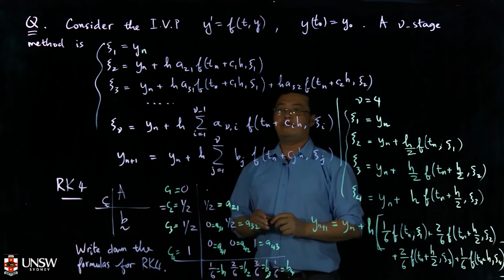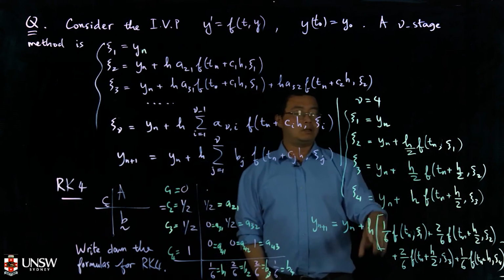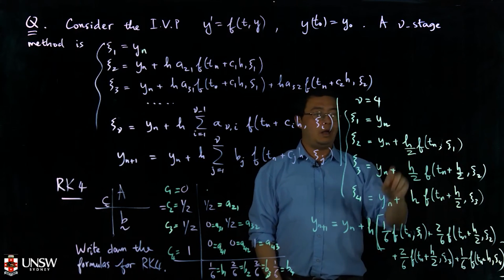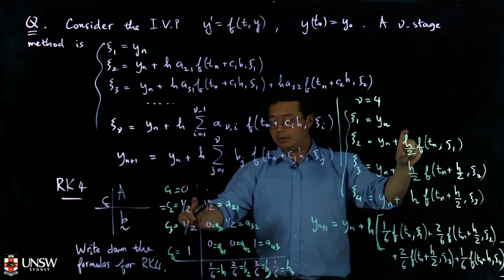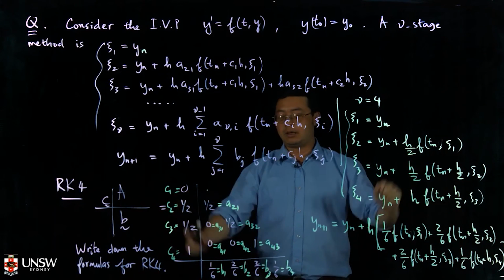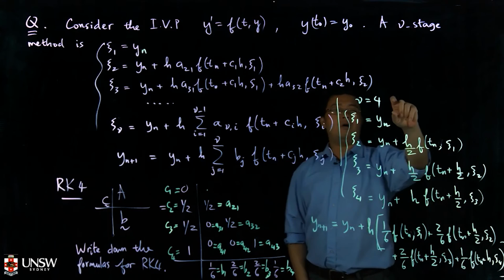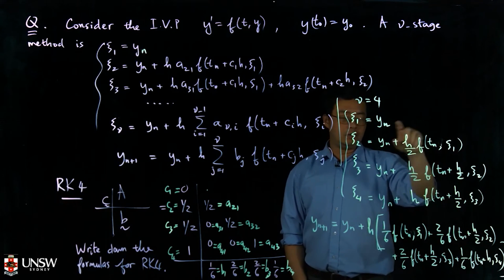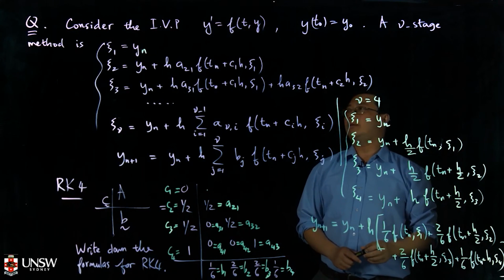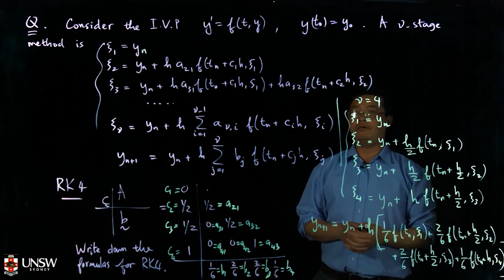Okay, so this is the formula for Runge Kutta method of order 4, and all the coefficients are given explicitly in this table. And you see, from this formula, you can write a MATLAB program to implement the Runge Kutta method of order 4.